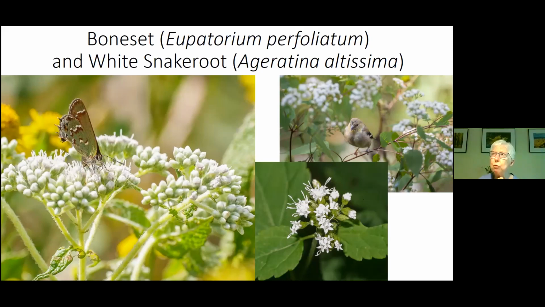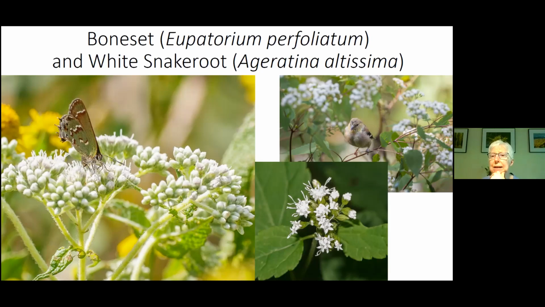Bone set has sort of a rough textured leaf, and the opposite leaves meet at the stem and are seamless. They don't have their own stem separating them from the main stem of the plant. Unlike white snakeroot, in which the leaves are opposite, but they do have their own stems meeting at the middle.